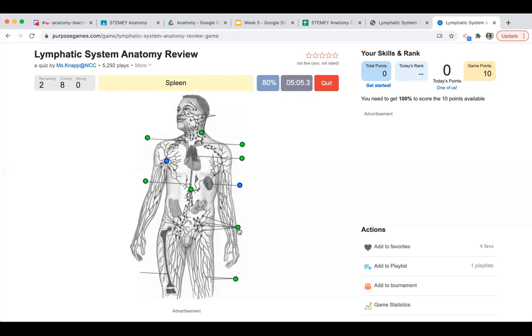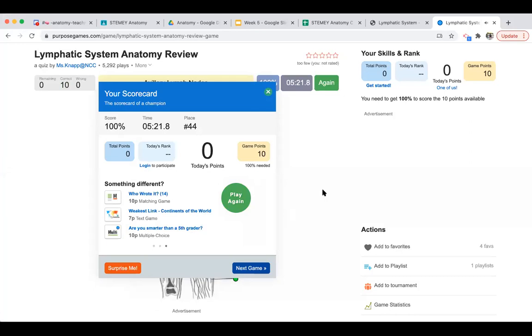Right third, we'll go with that. That is correct. Spleen is pretty straightforward. Your axillary lymph nodes, where are those? There's only one left. Axillary goes with your arm. So you guys did really good. We got 100%. That's great, you guys.